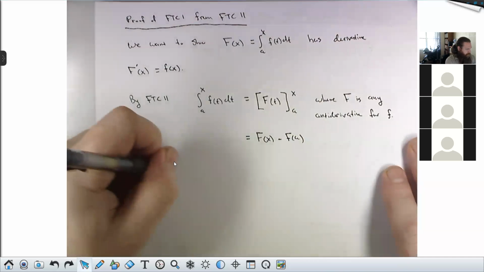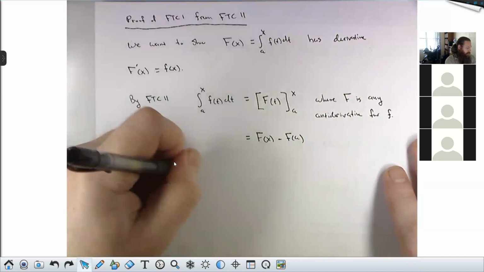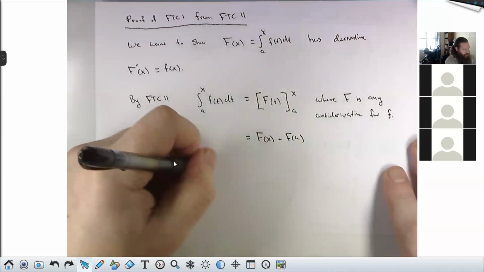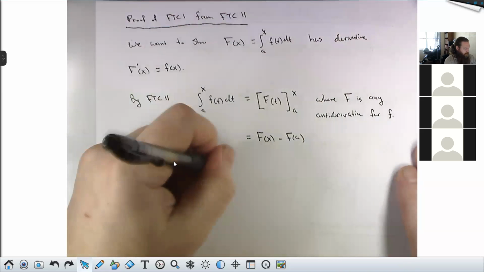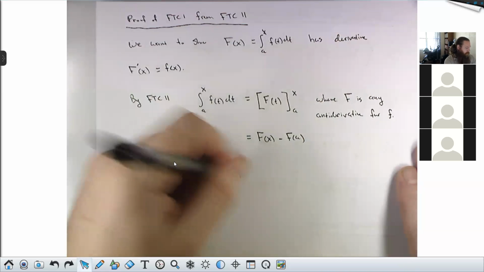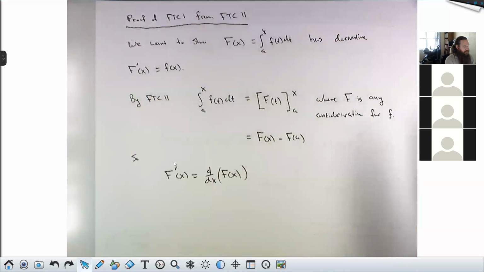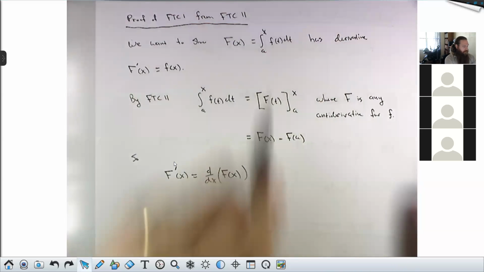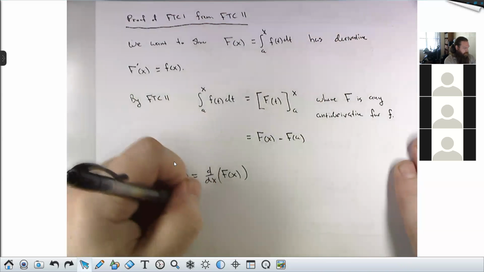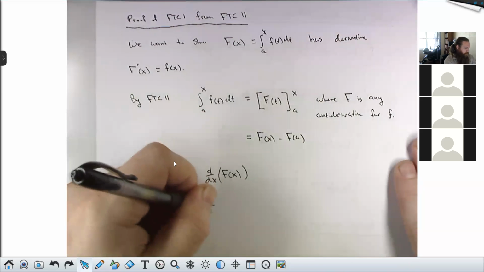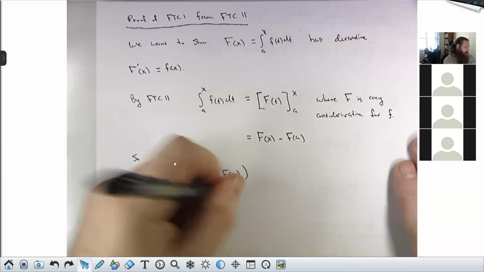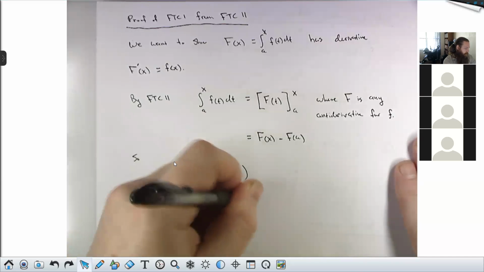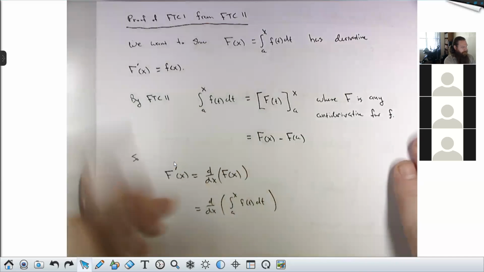So big F prime of x is equal to d/dx of big F of x. And what is big F of x? That is d/dx of the integral from a to x of little f of t dt.